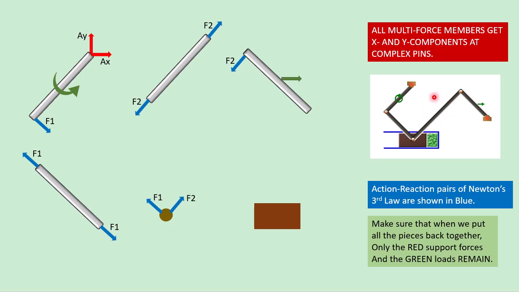Now we are looking at this two-force member. F2 comes here with flipped direction. This is the XY component of forces on the piston from the pin, and this Cx, Cy is the force on the pin from the piston.